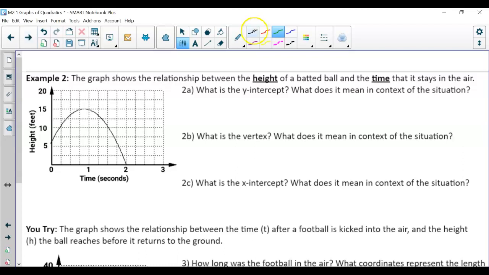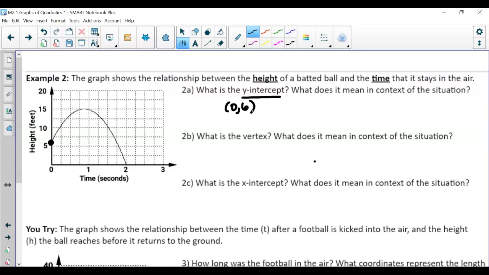So looking here at example 2, let's do another. Here again, we're talking about the height of a batted ball. What is the y-intercept? So here now notice, if it's like a batted ball, does it start on the ground? No. Notice now how here's our y-intercept where it's crossing the y. So let's say that this is about 0, 6. So what does it mean in context of the situation?